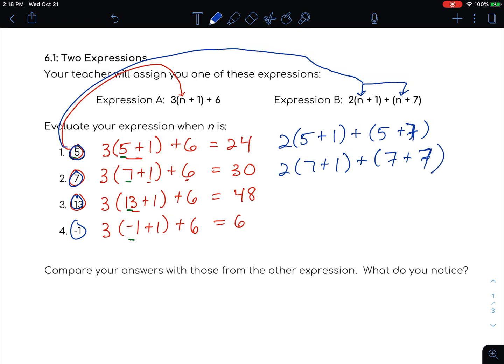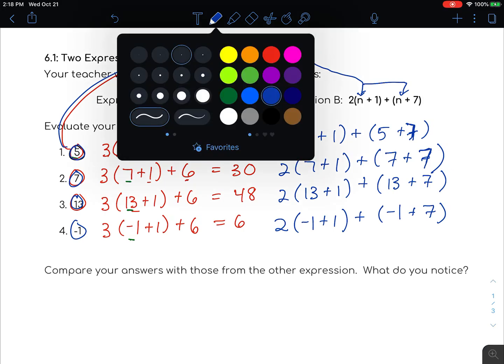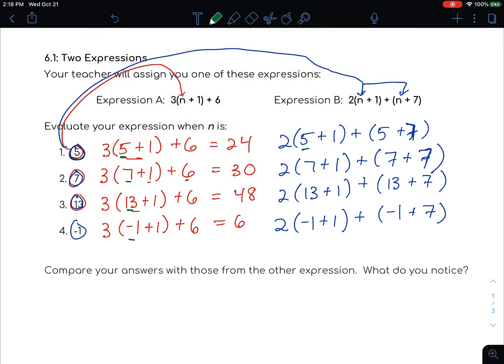And then in the next one, we have 2 times 7 plus 1 plus 7 plus 7. In the next one, we have 2 times 13 plus 1 plus 13 plus 7. And then we have 2 times -1 plus 1 plus -1 plus 7. So once again, in each one of the spots for n, we put in the number for that particular n value.